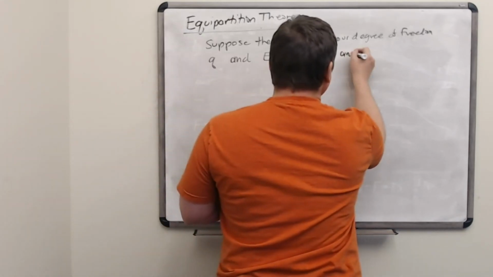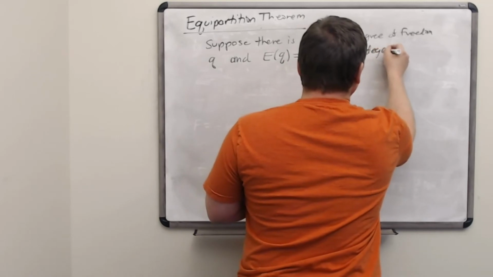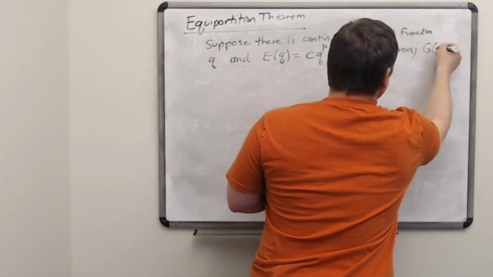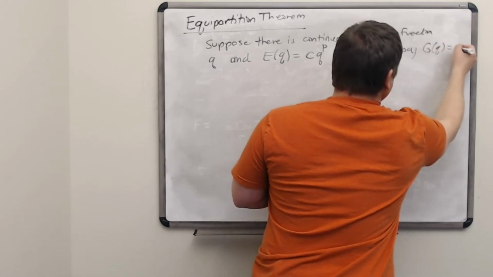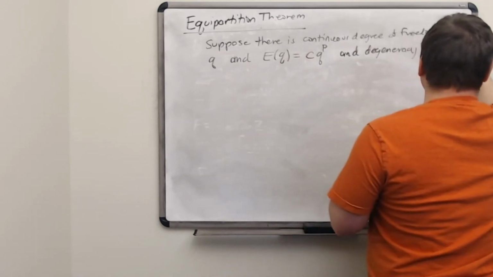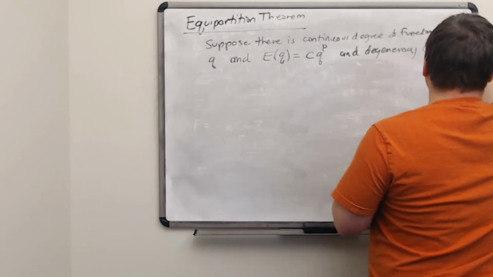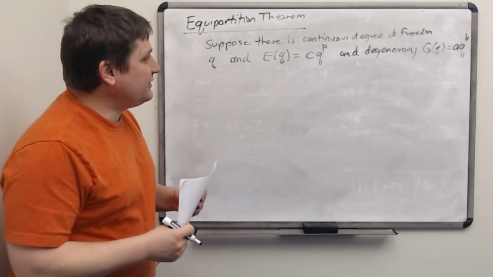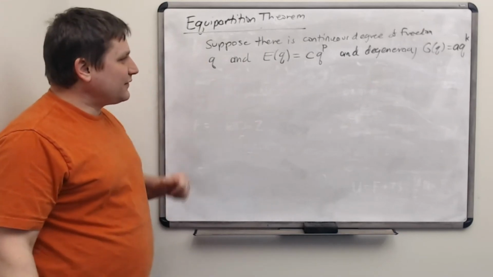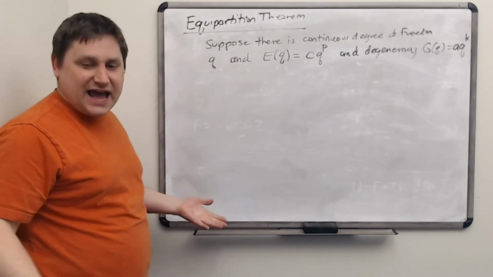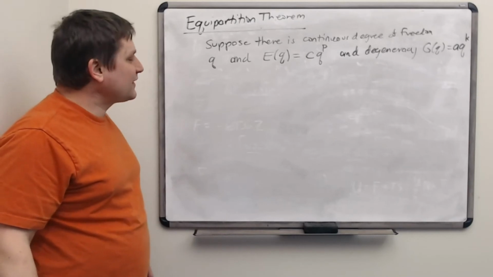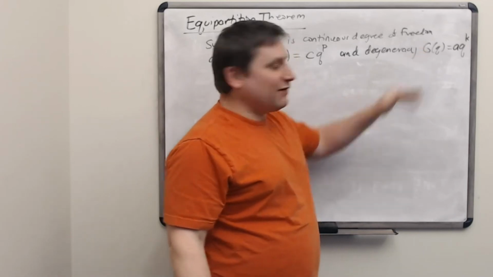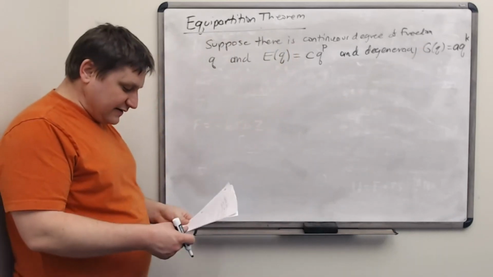And a degeneracy of the state Q equal to A times Q to the K power. So at a given value of Q, there might be a certain energy, but then multiple states that give that energy too.